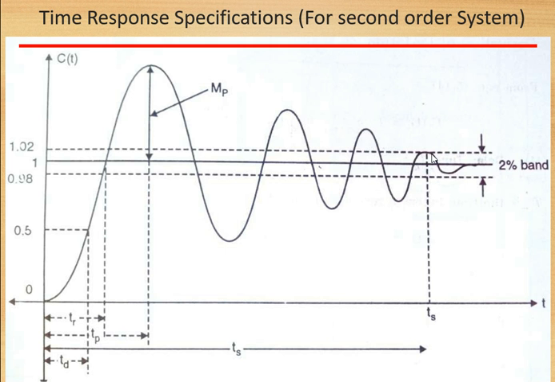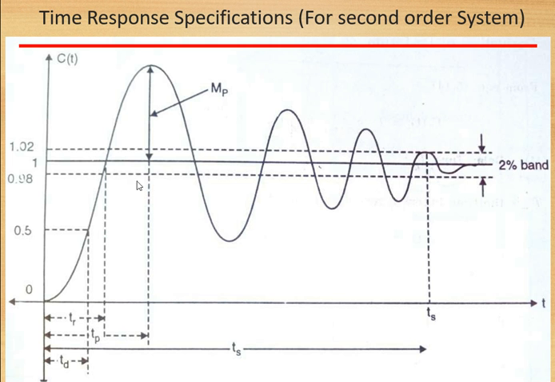The highest peak is called the maximum overshoot, or peak overshoot, and the time after which we get this maximum peak of overshoot is called the peak time, or TP.